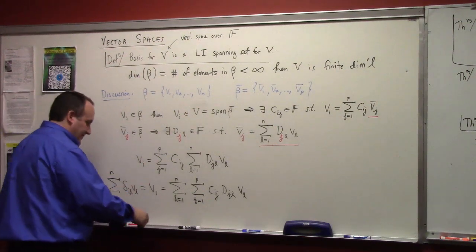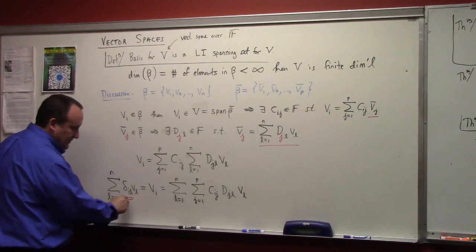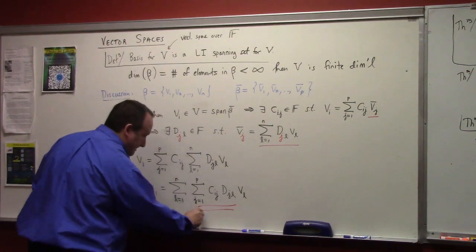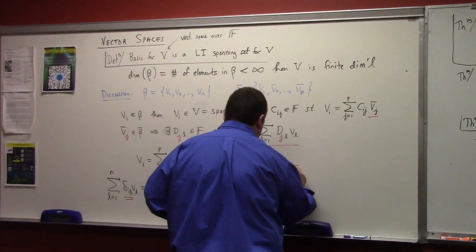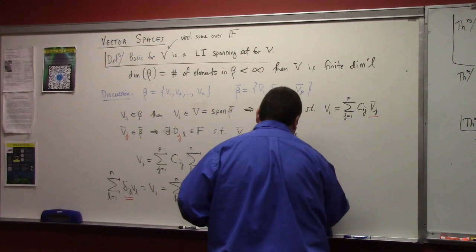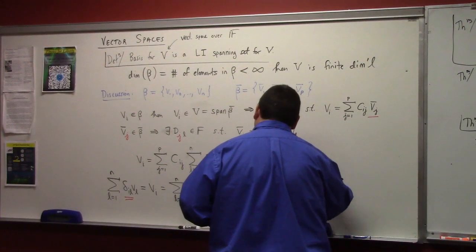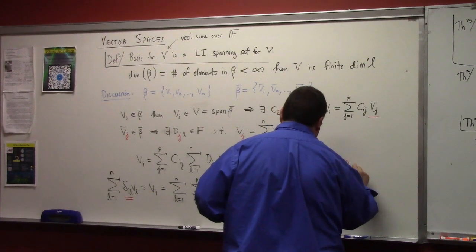But now I have that this is equal to that. In other words, I have that the Kronecker delta IL is equal to the sum J equals 1 to P of Cij Djl.